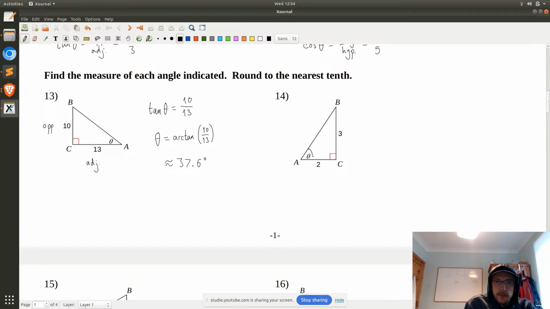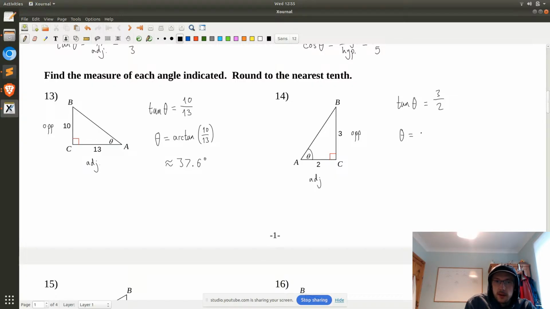Okay, here we have the opposite side to the angle. We have the adjacent side to the angle. So it will be the tan of theta again. In this case, it will be 3/2. So just do the arctan.